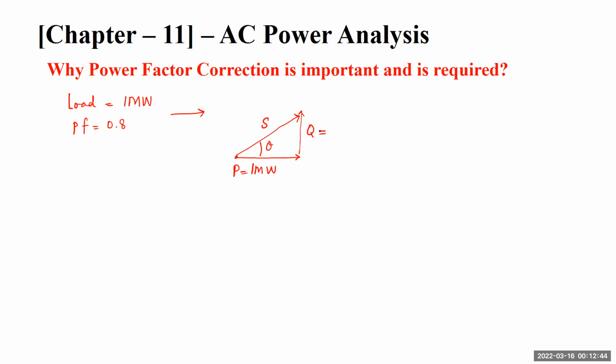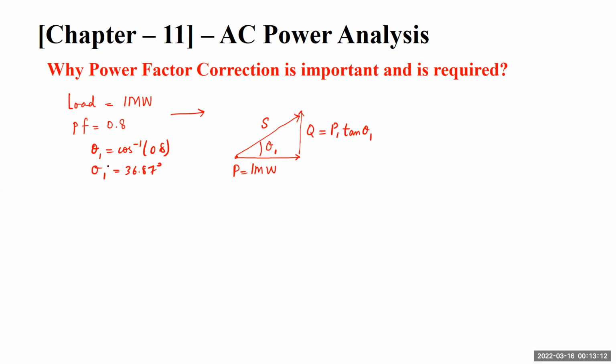The theta angle is 36.87, and the value of Q, from how we calculated earlier, is P1 tangent of theta 1. Theta 1 is cos inverse of 0.8, and this is 36.87 degrees.